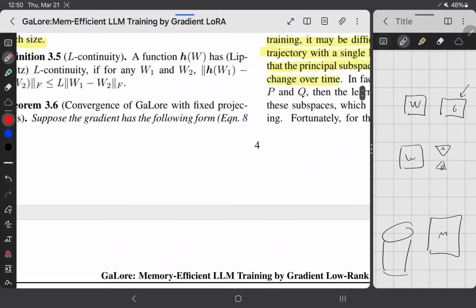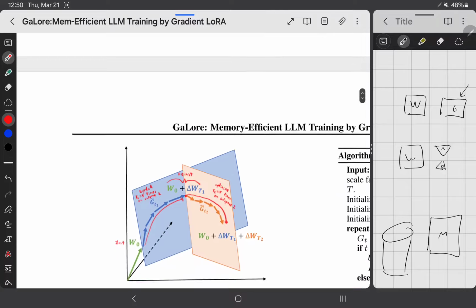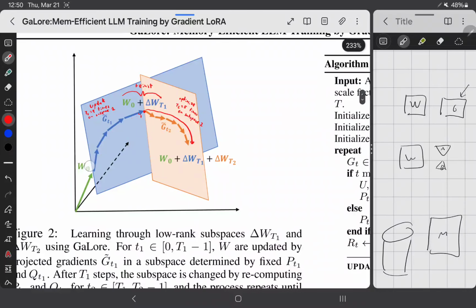There's a second thing they do. Instead of just projecting once to a low dimensional space, they project multiple times into a low dimensional space, and I feel like this image gives a pretty good intuition behind that. So this is like a 3-dimensional space here, some high dimensional space in a way.